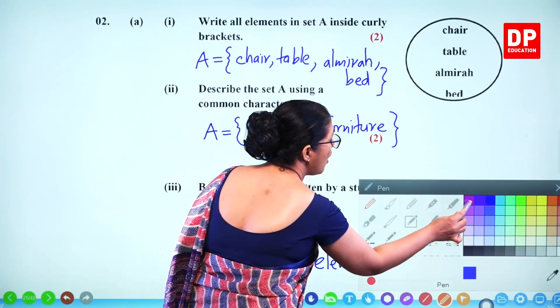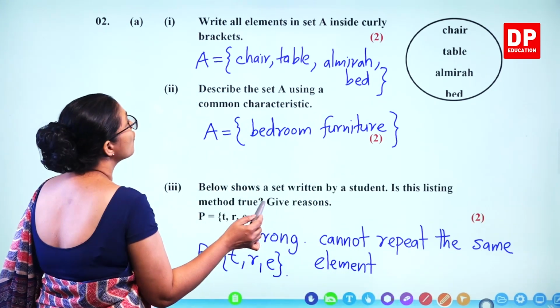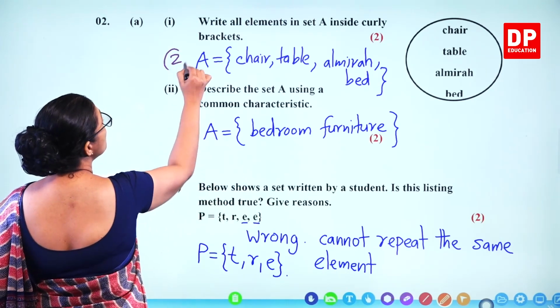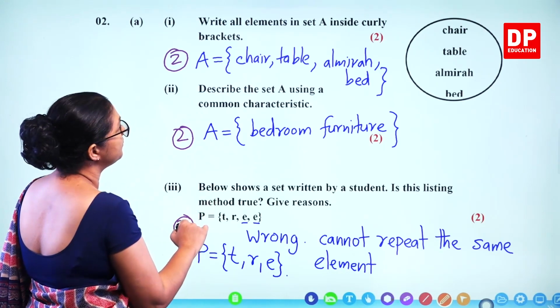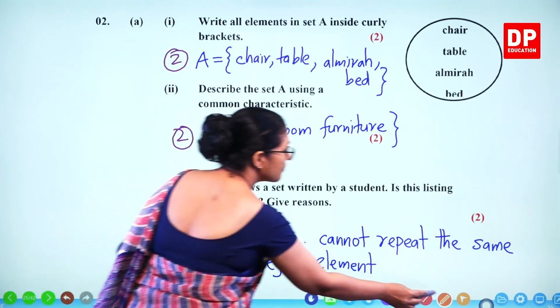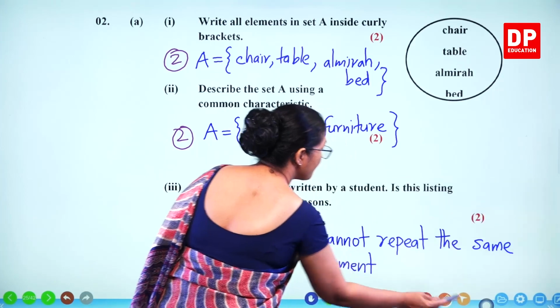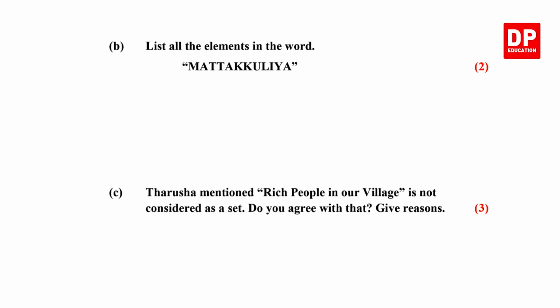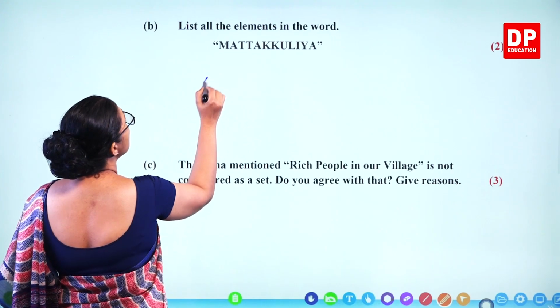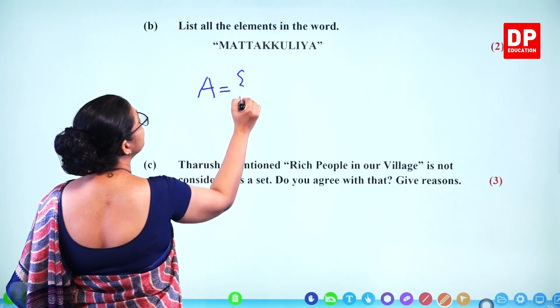And see how many marks? So you are getting 2, 2 and 2. So 6 marks here. List all elements in the word Mattakuliya. So we'll take A as the set.